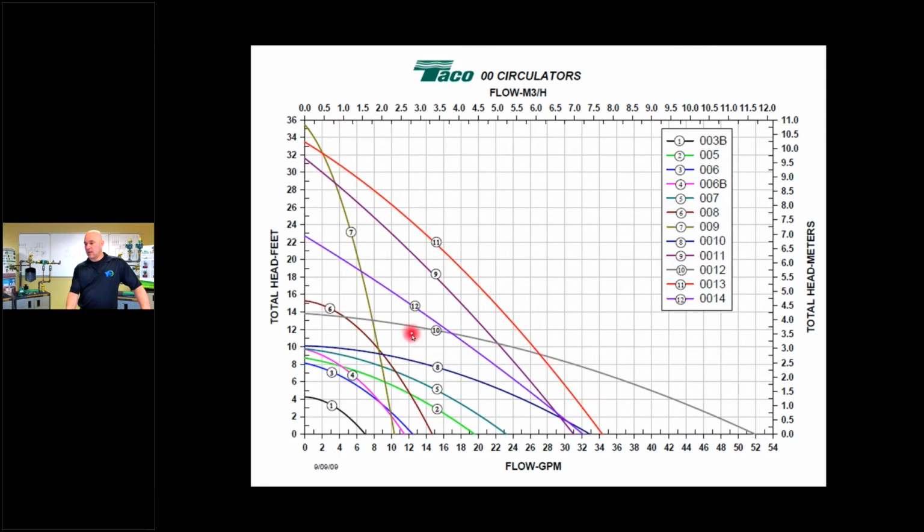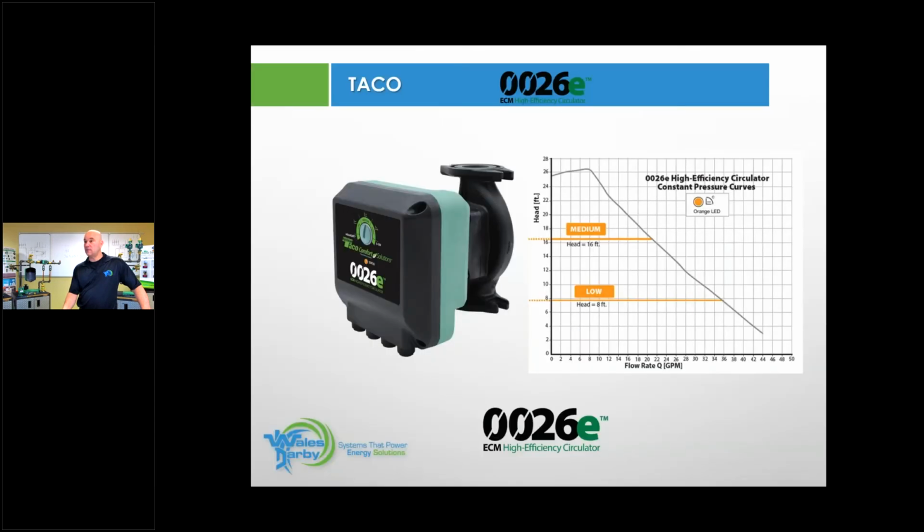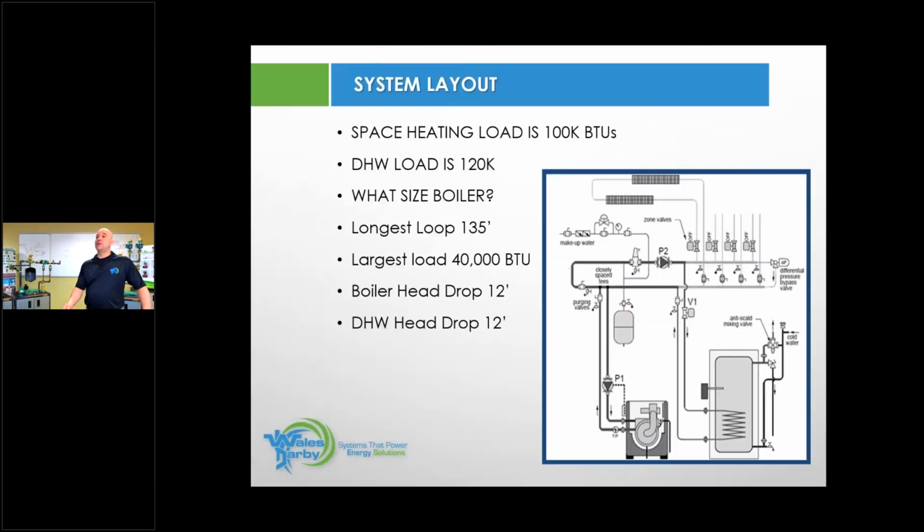I am right below line number 10. I go over here to line number 10. It's a 0012, right? So for P1, I would need a 0012. I have to overcome 12 feet of head, and this was a 120,000 BTU boiler.